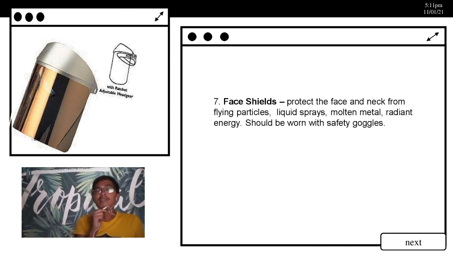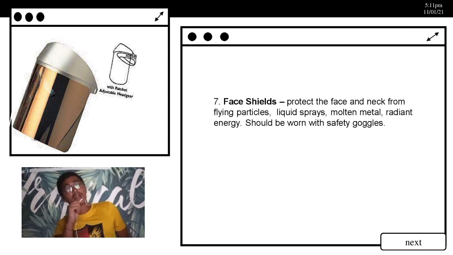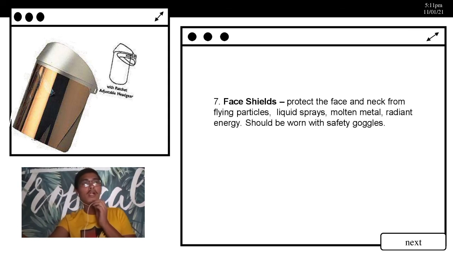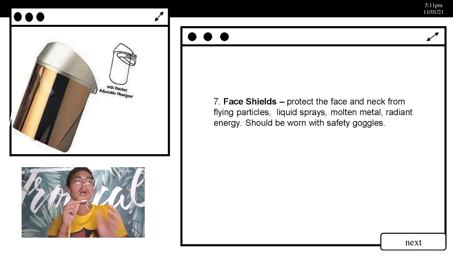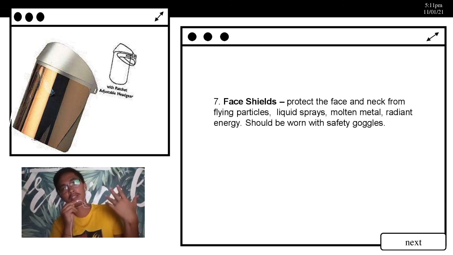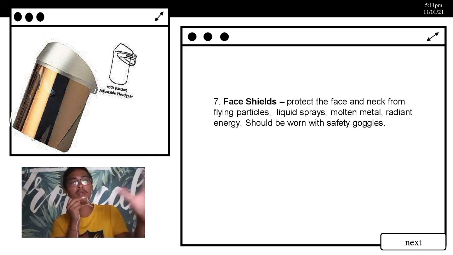So wearing face shields is not enough; you also have to wear goggles to ensure more security. These face shields do not only protect the face but also the neck. As you can see there, it protects you from liquid sprays or other kinds of corrosive substances.